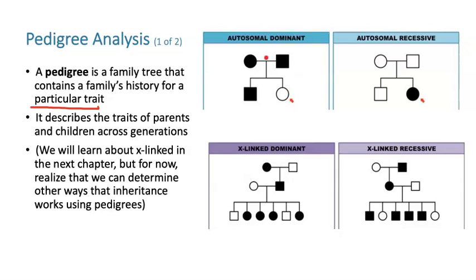Now remember that just because something is dominant doesn't mean it shows up more often. And because something's recessive doesn't necessarily mean it shows up less often. No, when something is dominant, it means if you've got the dominant allele, that's the thing that will show.